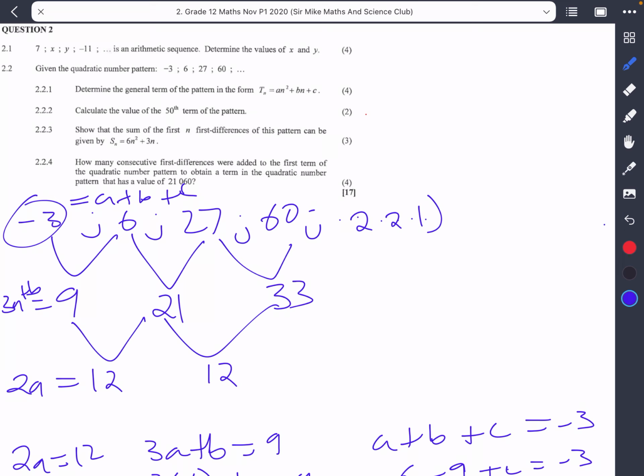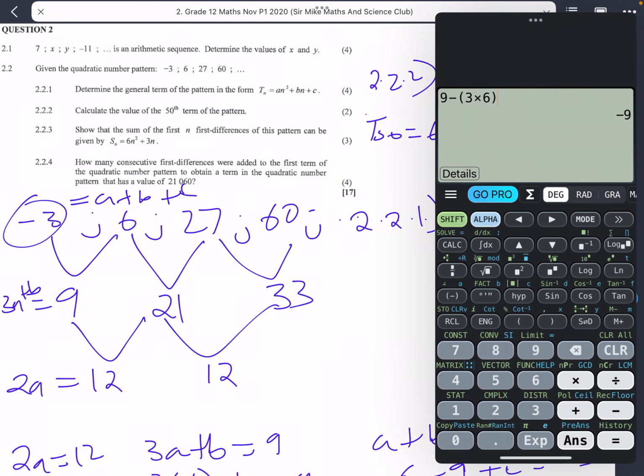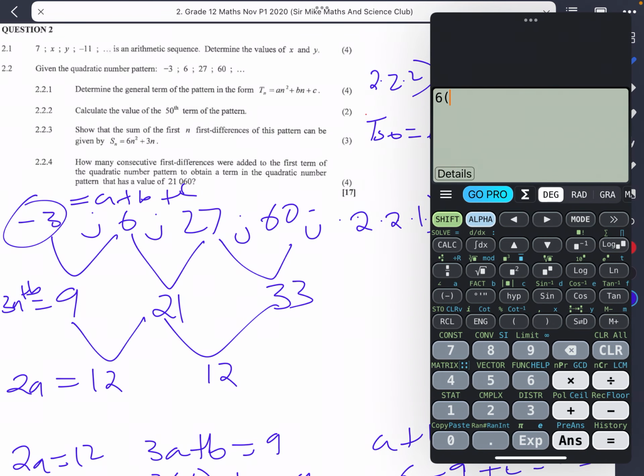So for 2.2.2, T of 50 would be equal to 6 times 50 squared minus 9 multiplied by 50. If we put that into the calculator, we have 6 multiplied by 50 squared, minus 9 times 50, so we actually get 14,550.